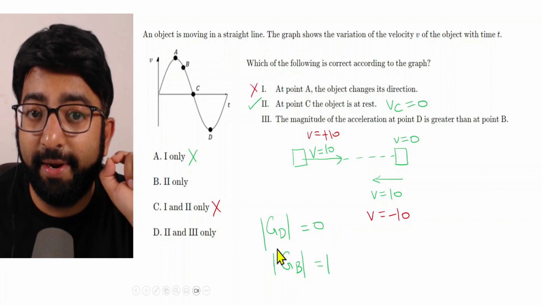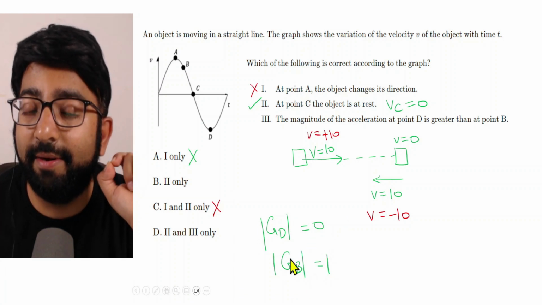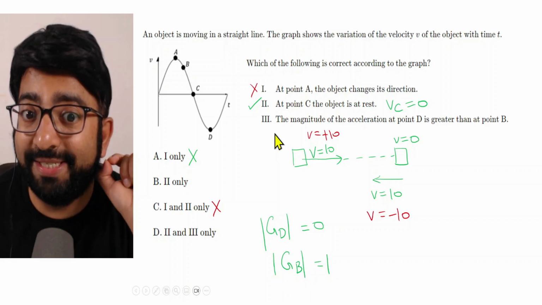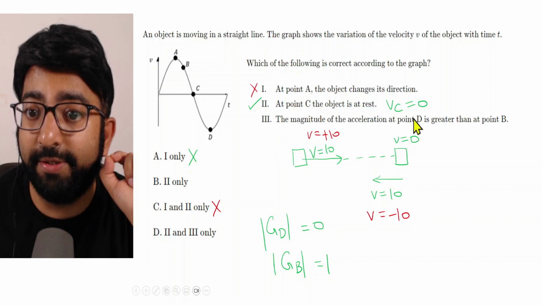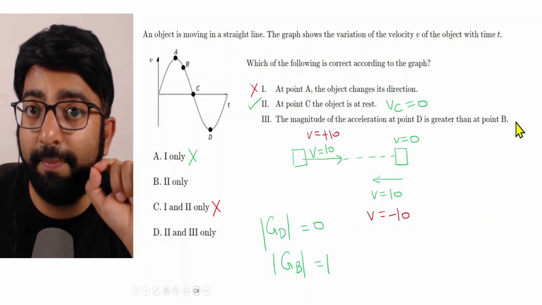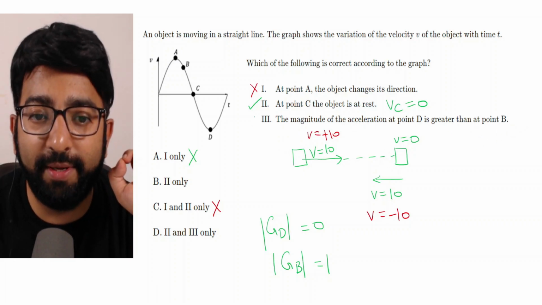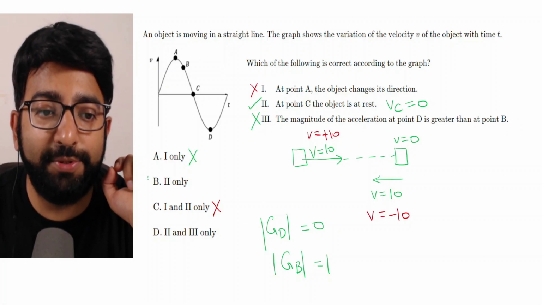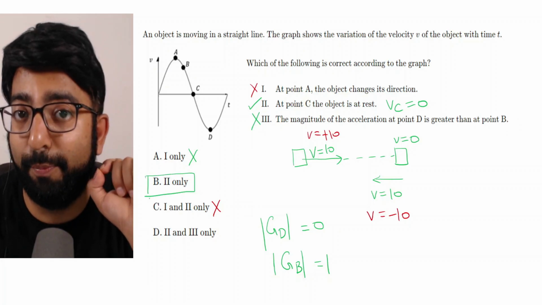Now we can see the gradient at the point D is less than the gradient at the point B. So statement number 3, which states that the magnitude of acceleration at D is greater than at point B, is incorrect. So statement 3 is also wrong, which means the right answer is option B. Only the second statement is correct.